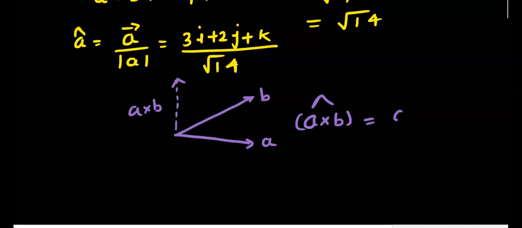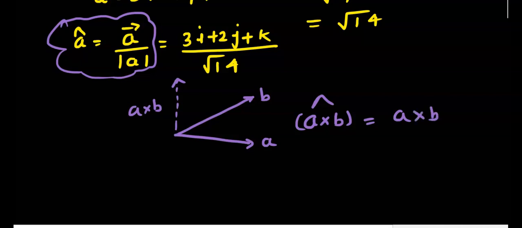A cross B unit vector is given by using this rule: vector A cross B divided by its modulus, right?